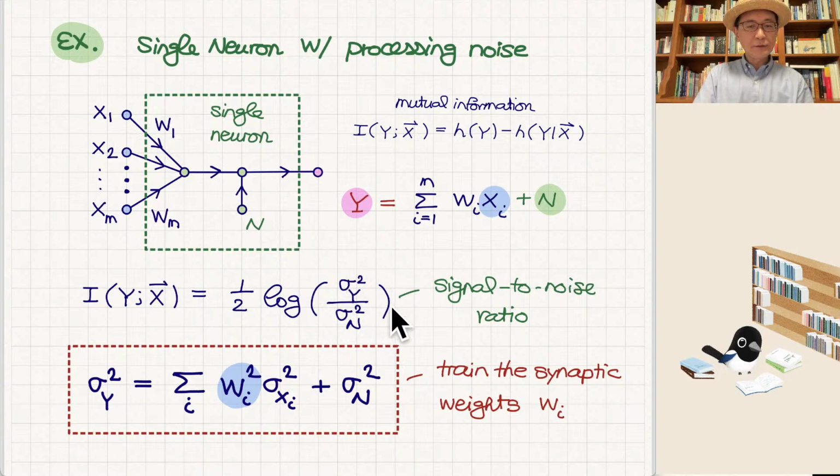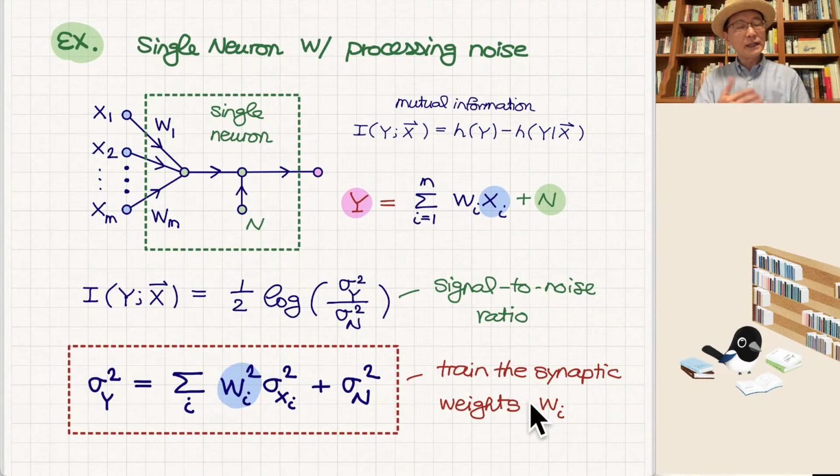And so if we want to optimize, suppose the noise is inevitable, it's always there with some finite strength, the only way that you can enhance your signal is to increase sigma y. If you want to increase the mutual information with this log of sigma y, then you would like to increase sigma y.